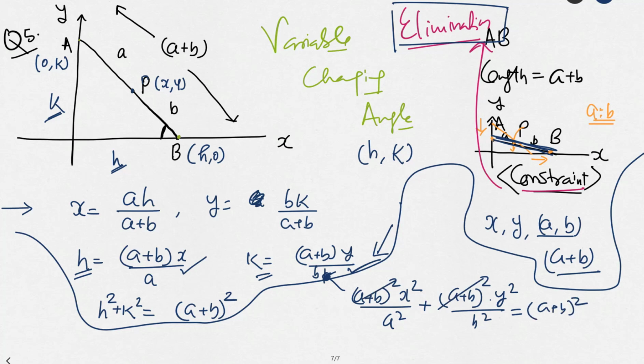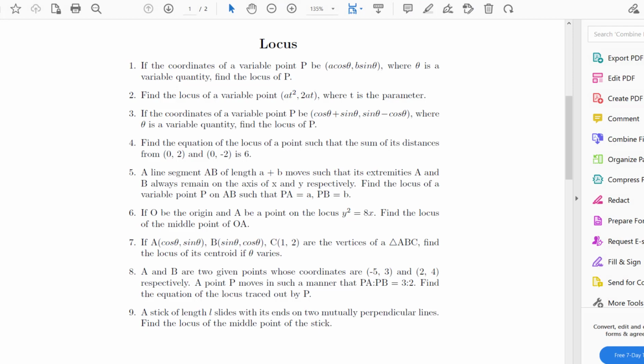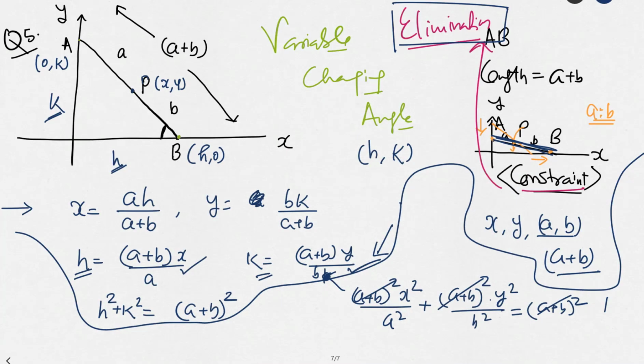This will cancel out, means this will become 1. So the answer is what? x square over a square plus y square over, no, PA was what? PA was a, PB was b.